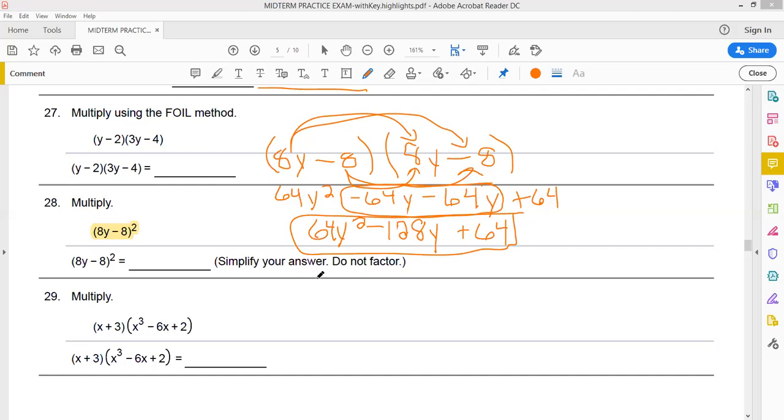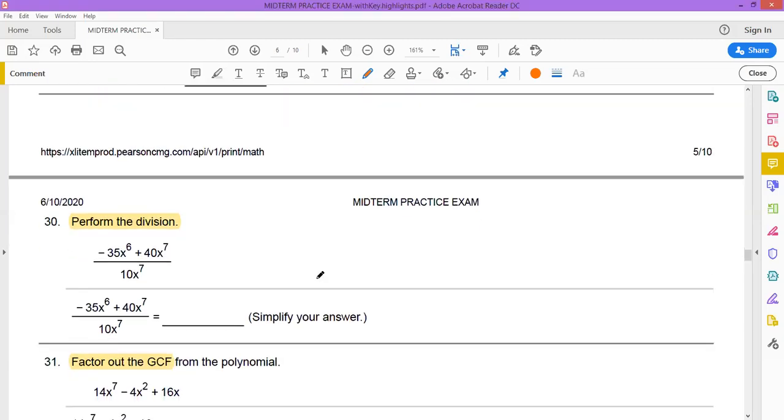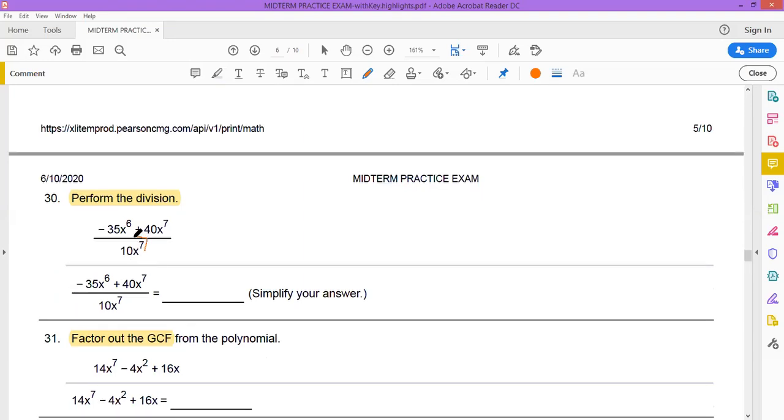All right, let's keep going. Number 30, we're dividing here. So I really want you to see these division problems as being separate. Similar to how when we distribute and multiply a term, you're also going to distribute with your division, okay? So what do I mean by that? This 10x to the 7th power, we're dividing it by both of the terms on top.